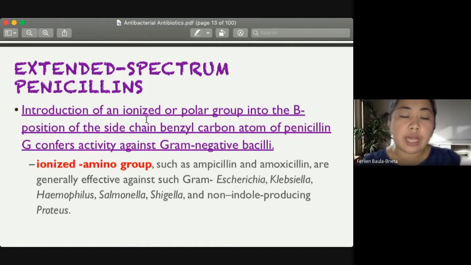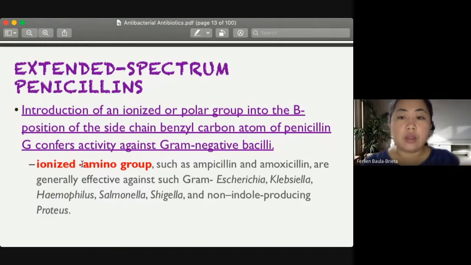So what are these ionized or polar groups? A specific example is seen with ampicillin and amoxicillin. They have an ionized amino group. So from the very common amoxicillin, if you will be asked what made amoxicillin very useful against gram-positive and gram-negative bacteria, even in E. coli, Klebsiella, and Haemophilus, remember the amoxicillin stands for amino.